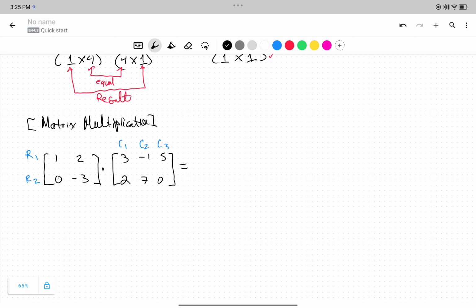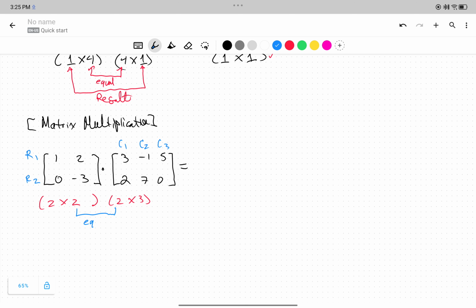All right, so let's map exactly what's going to happen. Remember that certain numbers have to be the same for this to work. This is a 2 by 2 matrix. This is a 2 by 3 matrix. And not only do the middle numbers have to be the same, right?